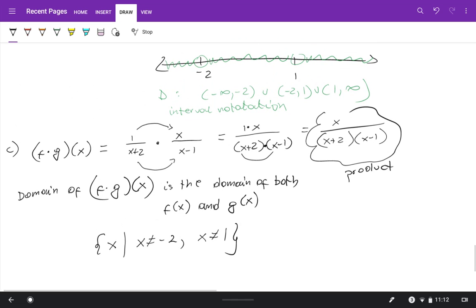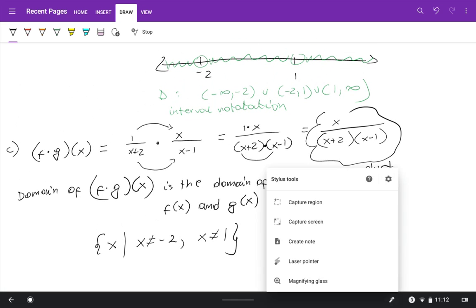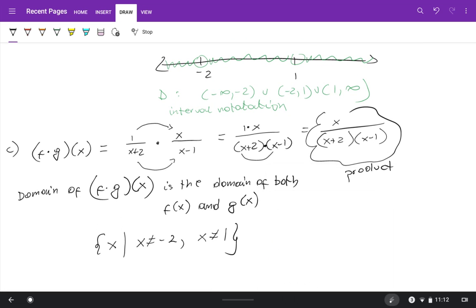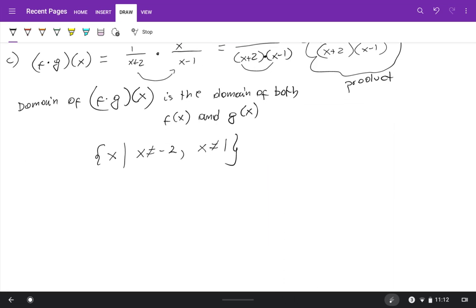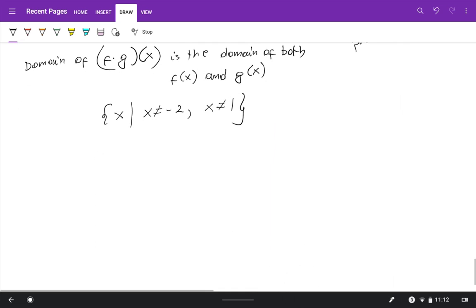If they ask for interval notation, you will use the one which we have above. That's the interval notation. And the last one, let me show you how to find the quotient. Quotient has a little more work. So we have f over g of x, so we're going to divide fractions.